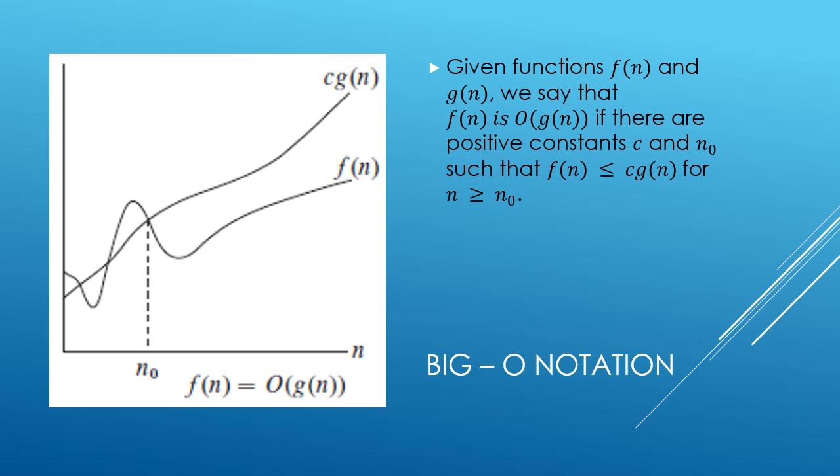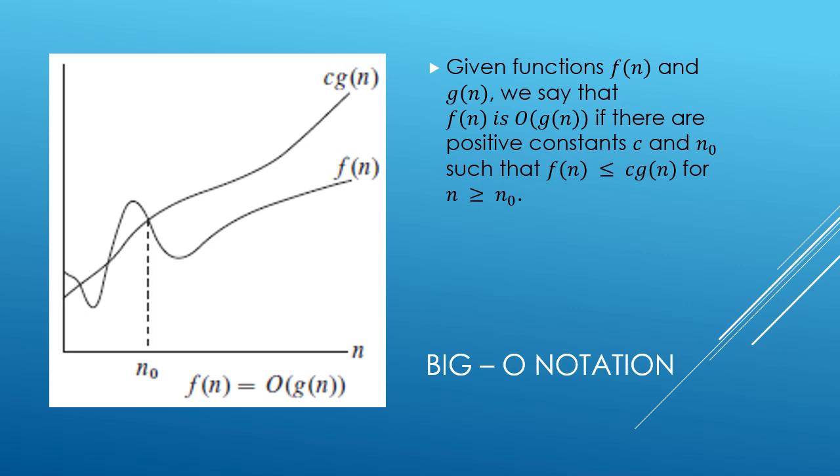We just want our relation to hold after n naught till infinity. Or you can say that n naught is the smallest integer for which our relation f(n) is less than or equal to c g(n) holds.